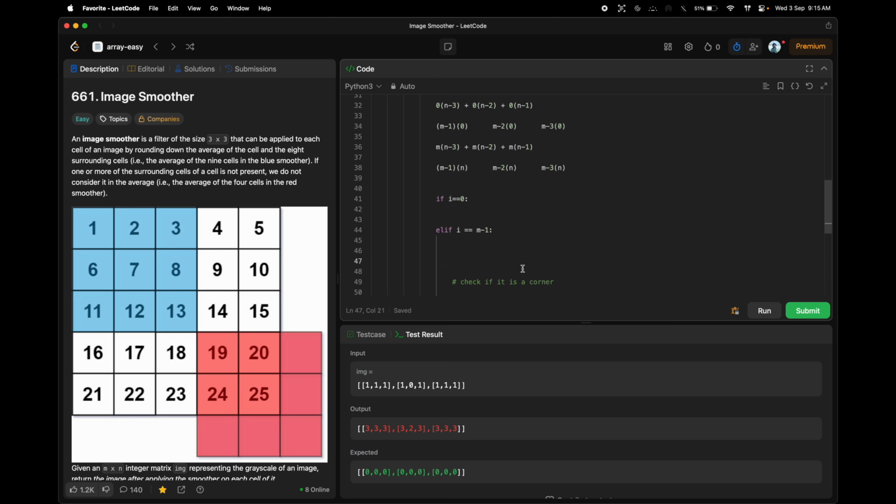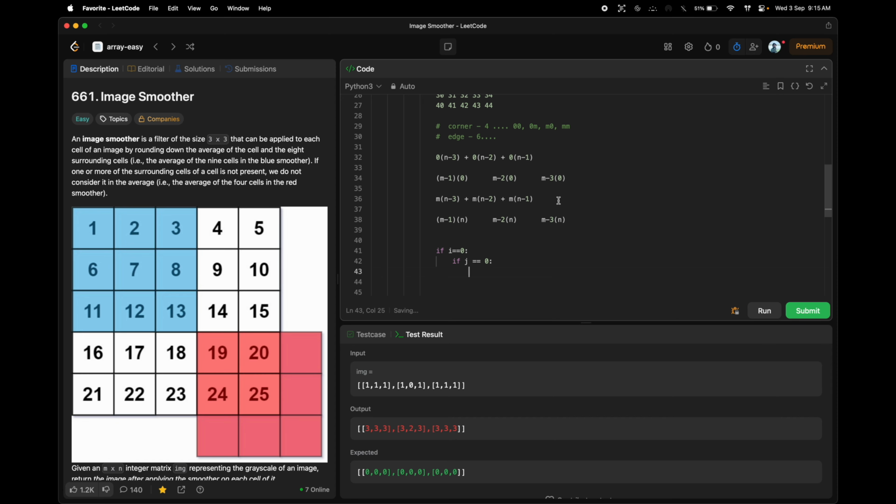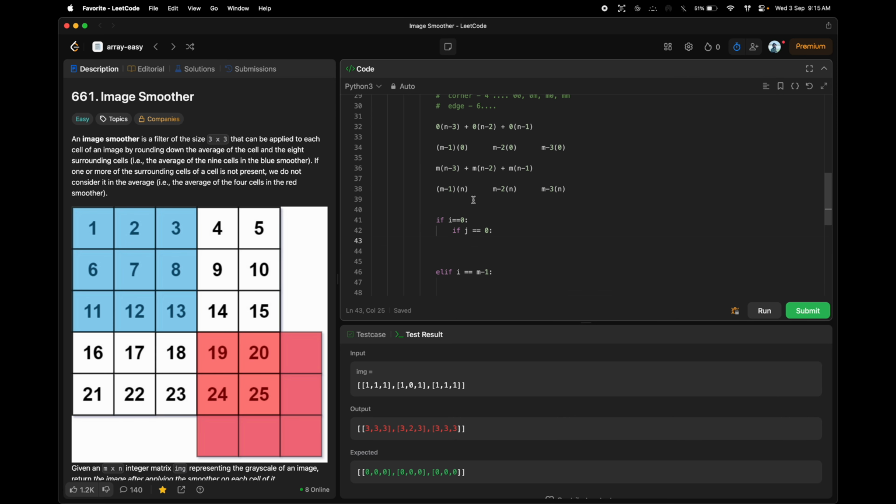Okay, what will I want? Let's see, if I am on this, what I want. I equal to 0. If j equal to 0, then let's say there is some temp value.